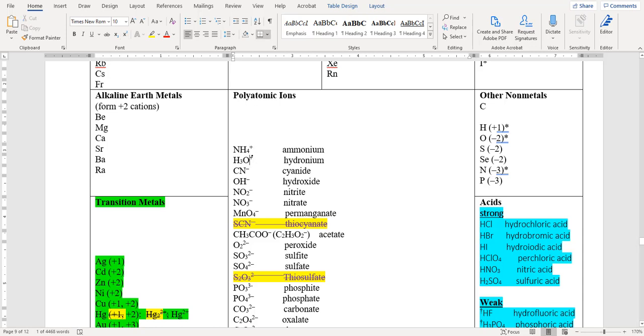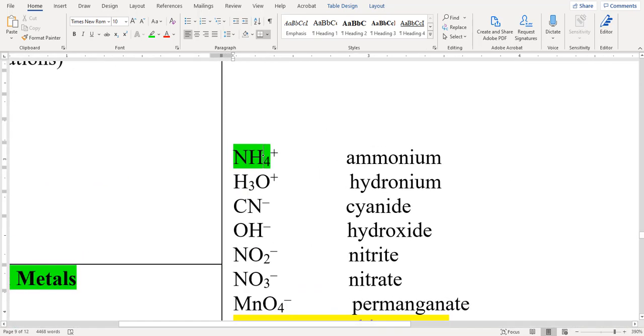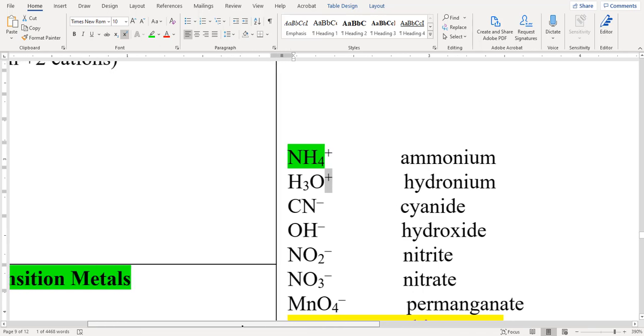So you'll notice that there are many atoms that make up that specific ion. So NH4+. There are many atoms that make up the positive charge ion. So that's a polyatomic.